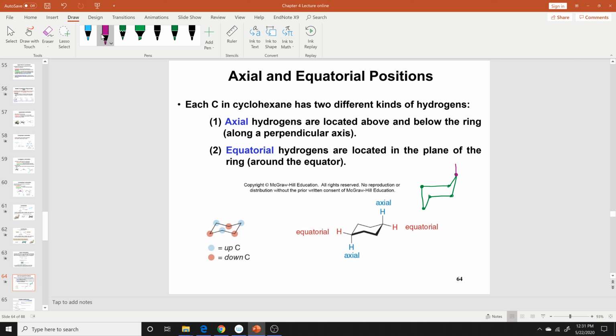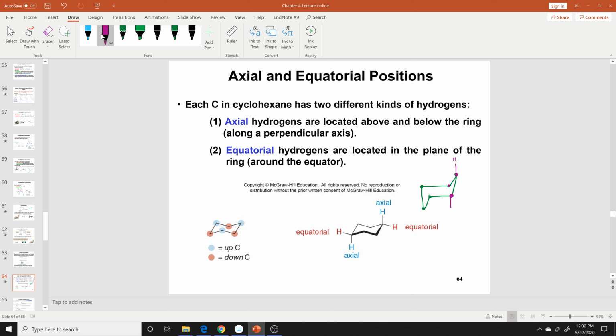See how I'm drawing up? I'm not drawing it up this way. I'm drawing it up as a perpendicular line. So this is going to be my axial hydrogen over here. Every carbon has an axial hydrogen and an equatorial hydrogen. Let's draw the axial first. This carbon over here is down, so its axial is going to be down as a straight line.